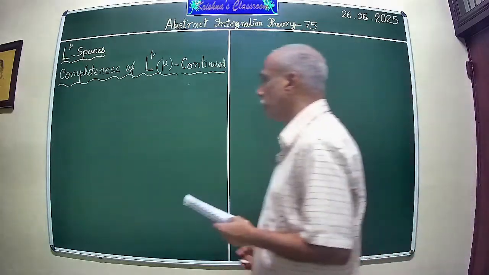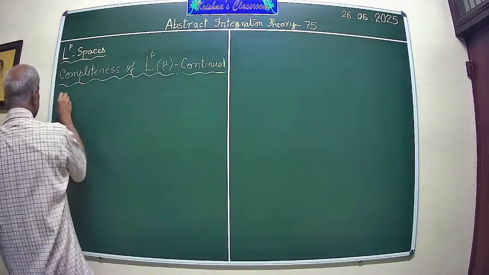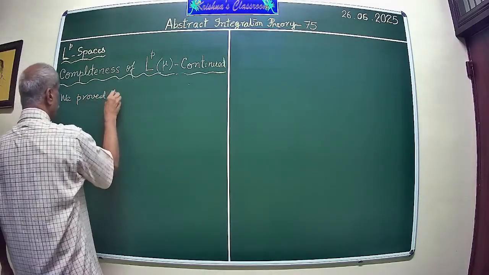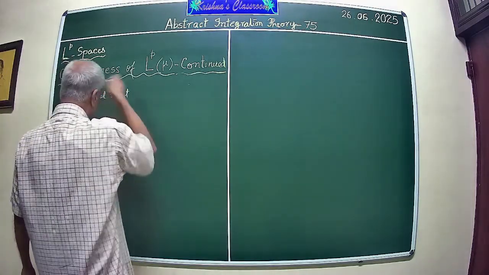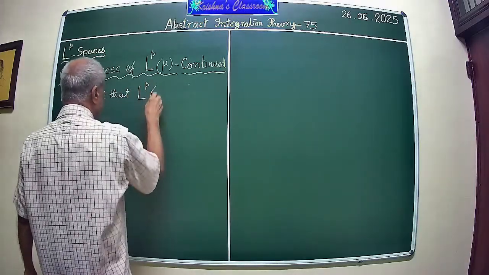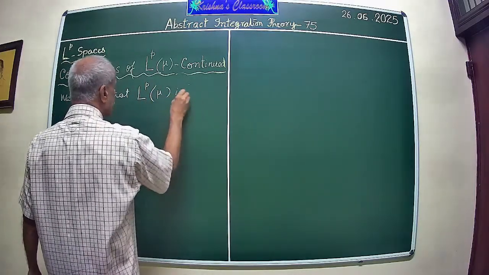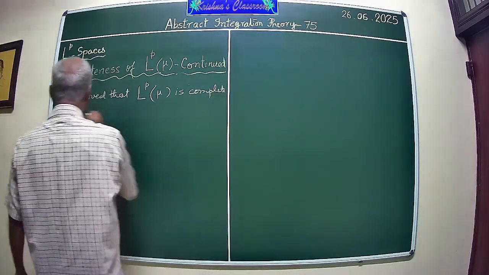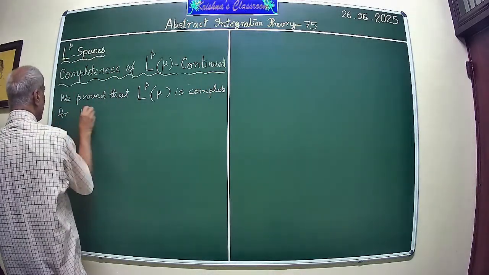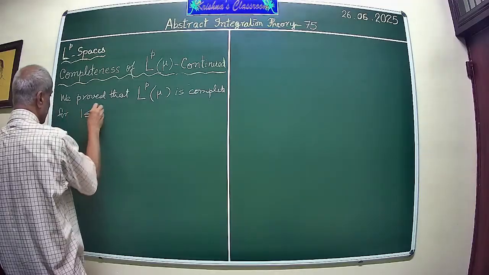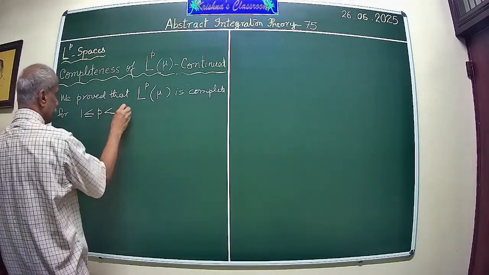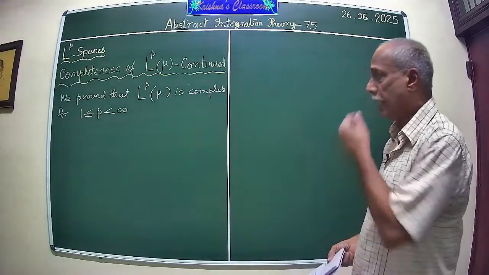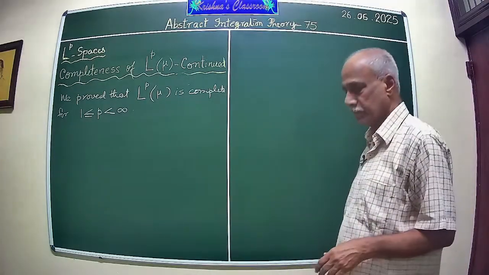What we have proved is that LP mu is complete for p less than infinity. In fact, we left out the case where p equal to infinity.